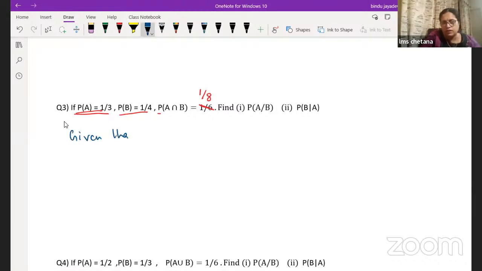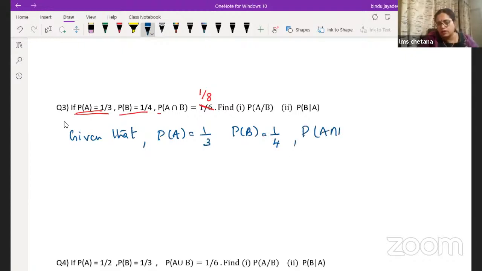Given that P of A equal to 1/3, P of B equal to 1/4, P of A intersection B equal to 1/8. Now what are you finding? First one, P of A given B.